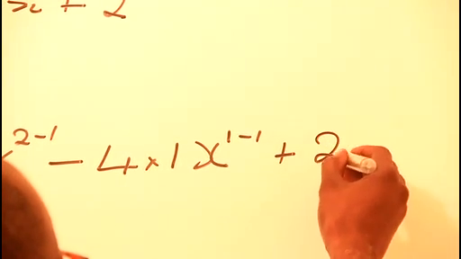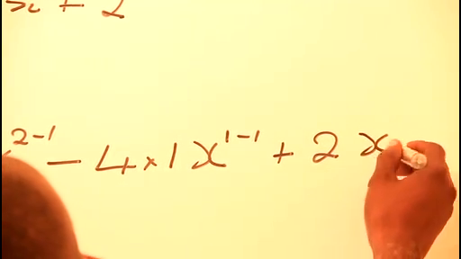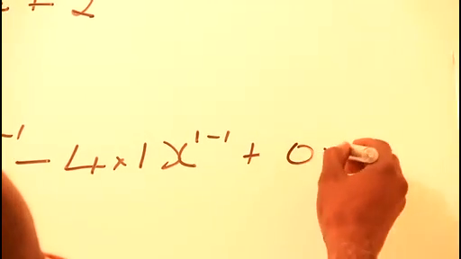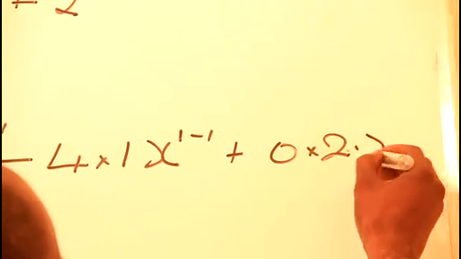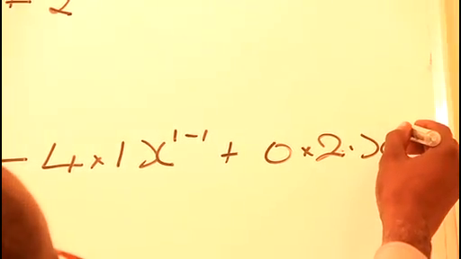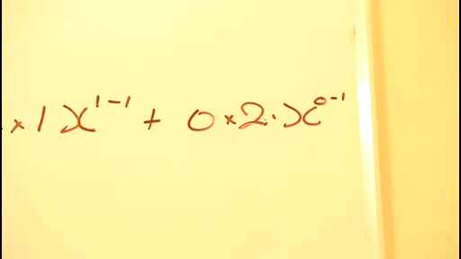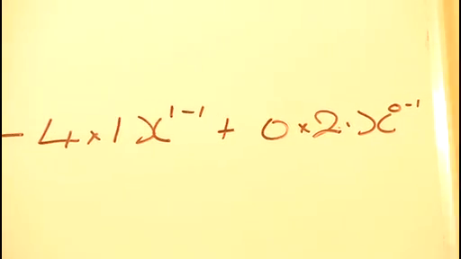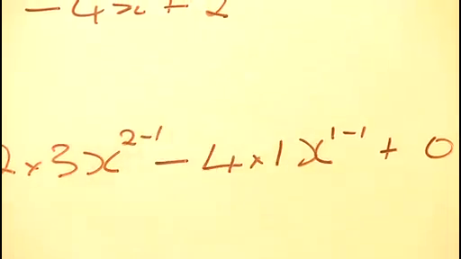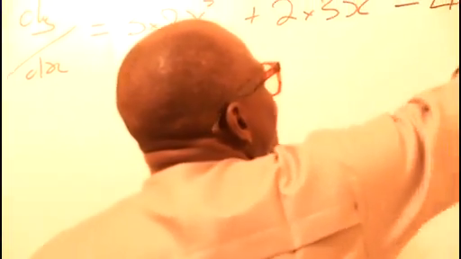here we now have 2x to the power of 0, so 0 times 2 x to the power of 0 minus 1. For every constant term, there is x to the power of 0 attached to it.